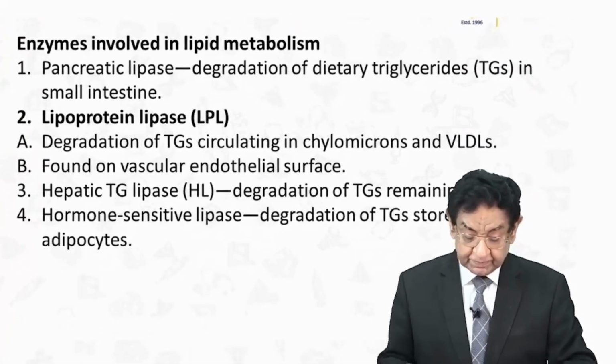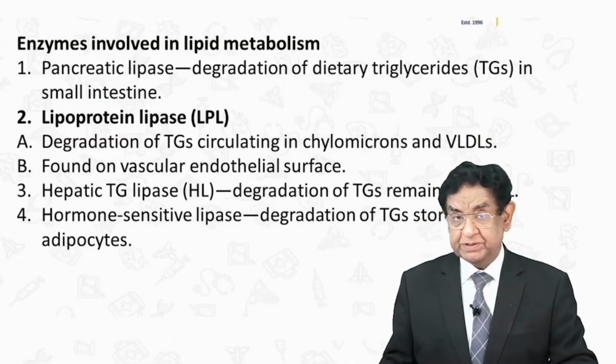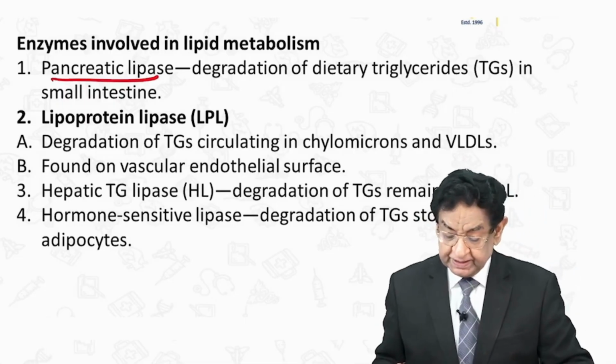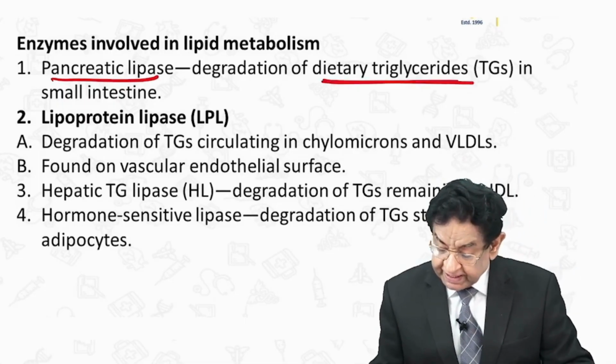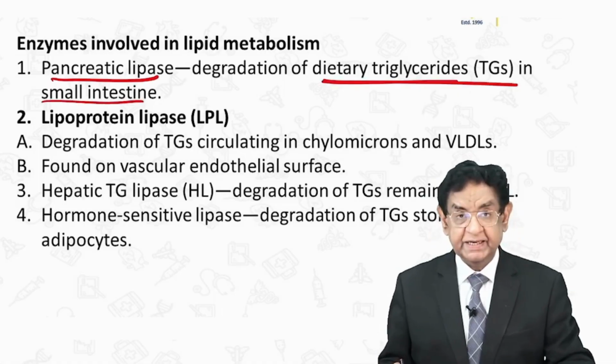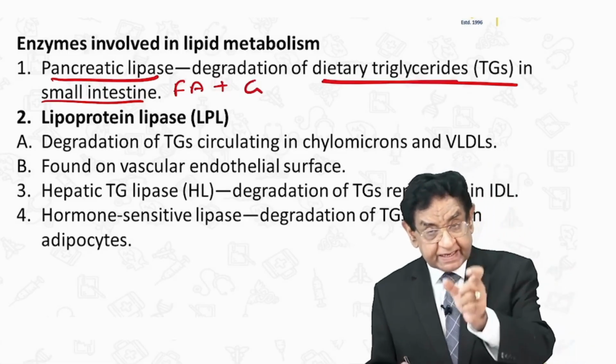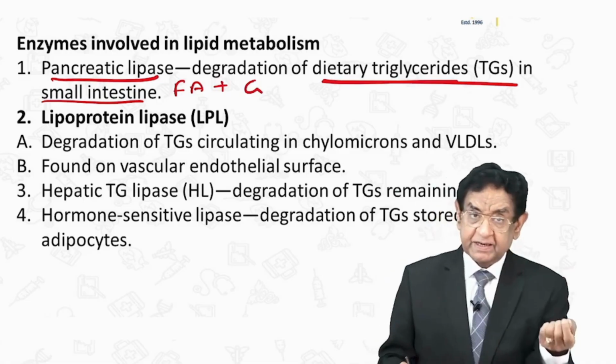So the enzymes involved in lipid metabolism: pancreatic lipase, which I just mentioned to you, degrades dietary triglyceride in the small intestine. What are made? Fatty acid plus glycerol. They get combined and make a chylomicron.